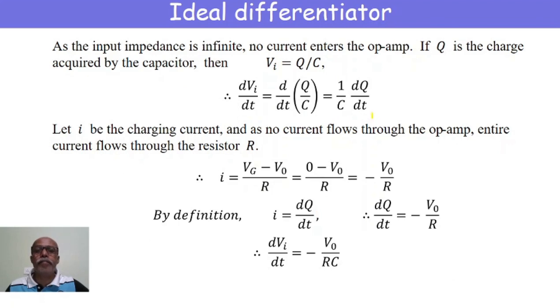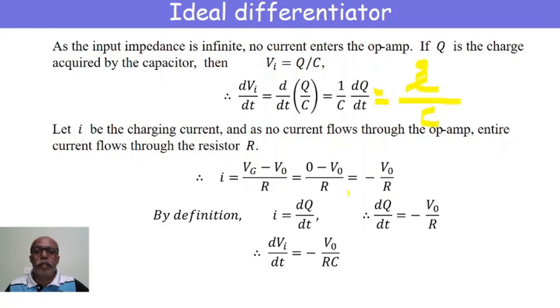The charge on the capacitor is Q equals Vi into C, or the input voltage Vi equals Q by C. Differentiating this, we get dVi by dt equals d by dt of Q by C. C is constant, therefore it is 1 by C into dQ by dt. dQ by dt is nothing but the current I. This is equal to I by C.